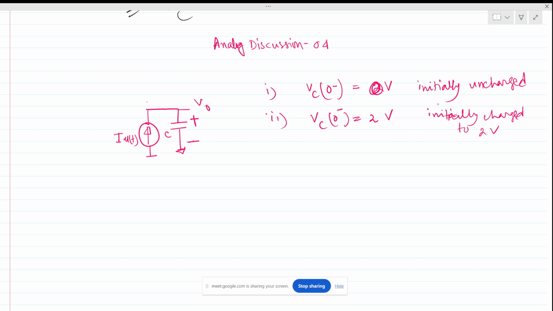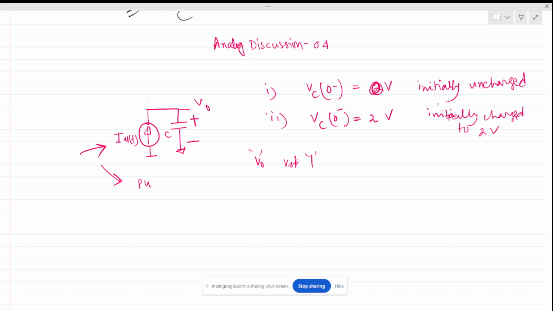Now we have to plot V out versus time, and this is a unit step. Let's first make it a unit step, then a pulse.